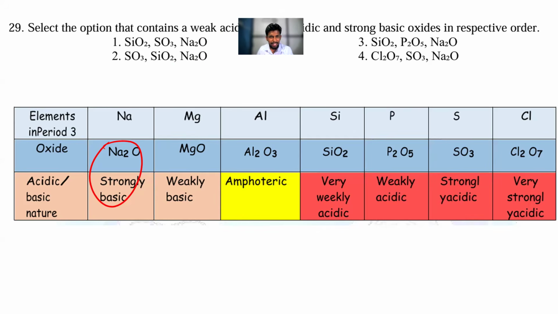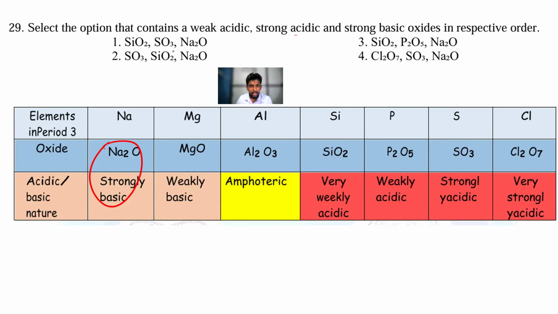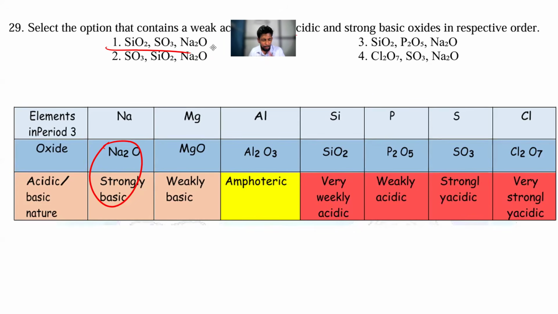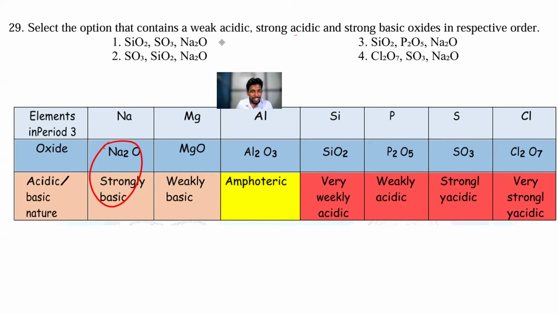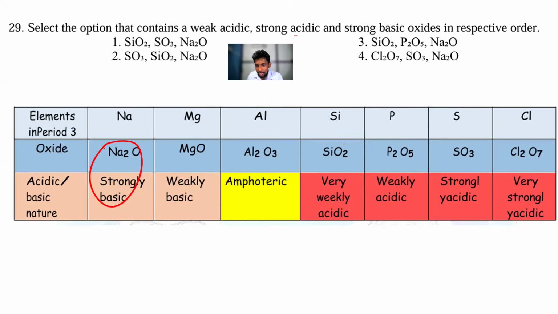So weak acid, very weak acid will come. Weak acid SiO2, here very weak. Right. Very weak acid, that is SiO2, and strong acid, that is SO3, and a strong base, sodium oxide.